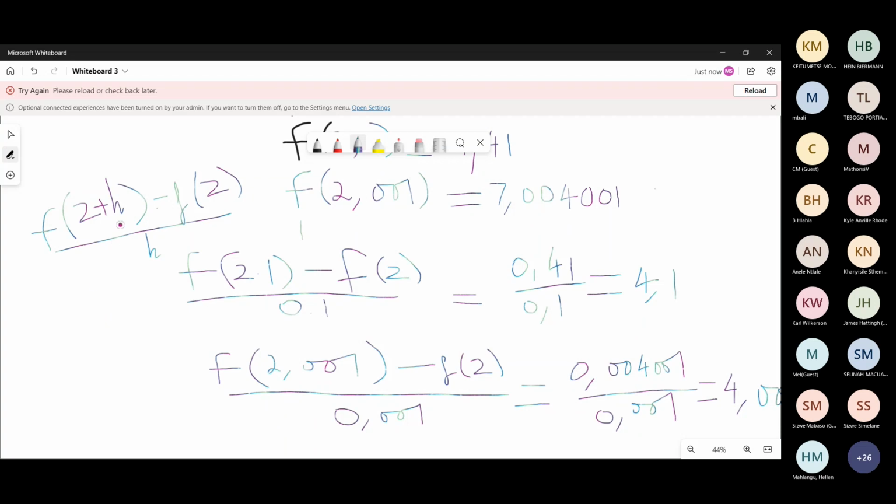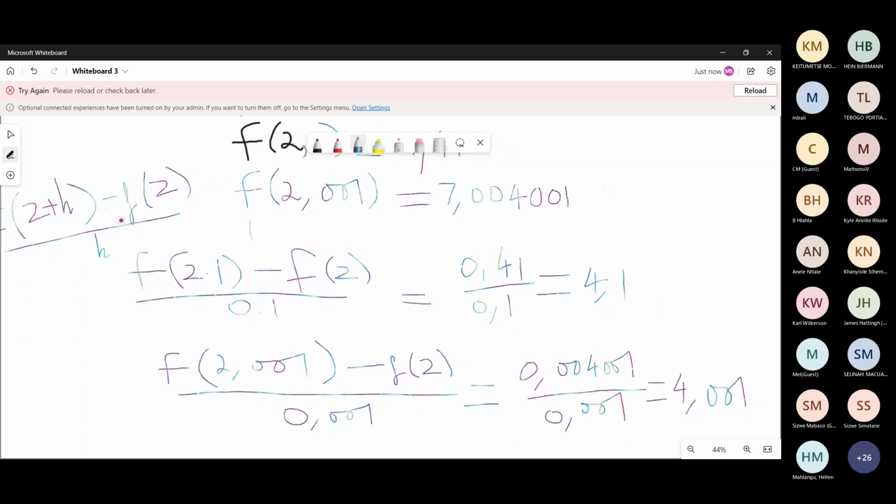Here I take h very small, going to 0, and see what will be the limit, right? Now, what do you observe? Can you already make some kind of conclusion? For 2.1, here we are at 4.1, right? For 2.001, the answer is 4.001.